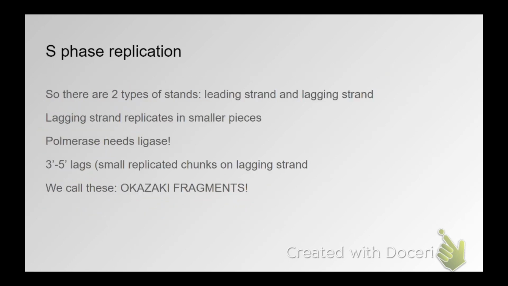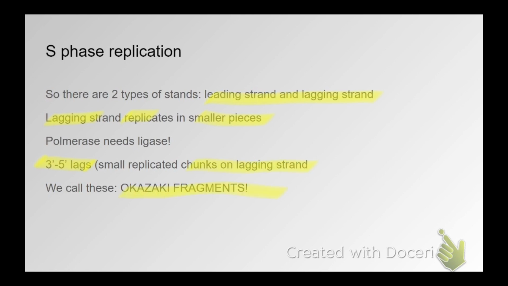All right. So we are still in S phase. I want you to know that you have the leading strand and the lagging strand. The lagging strand replicates in smaller pieces. These are called 3' to 5' lags, and they are chunks on the lagging strand.